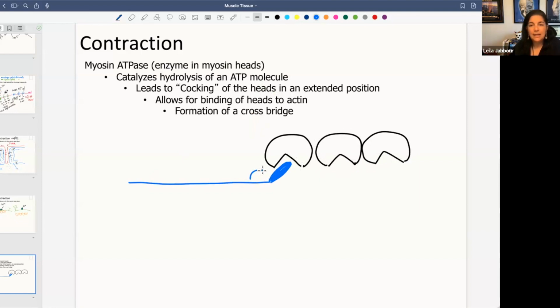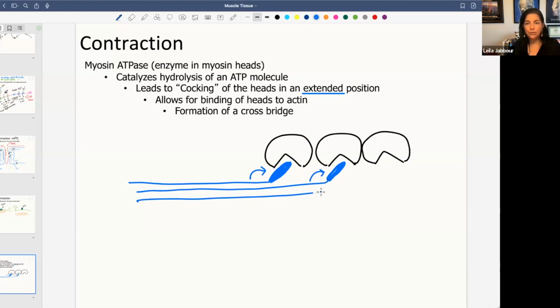And the ATPase allows the heads to cock, which means they're extended. Did I say flexed earlier? I meant to say extended position. It shouldn't have been said flex. Right, so these are extended positions like this. I'm going to draw a third one.